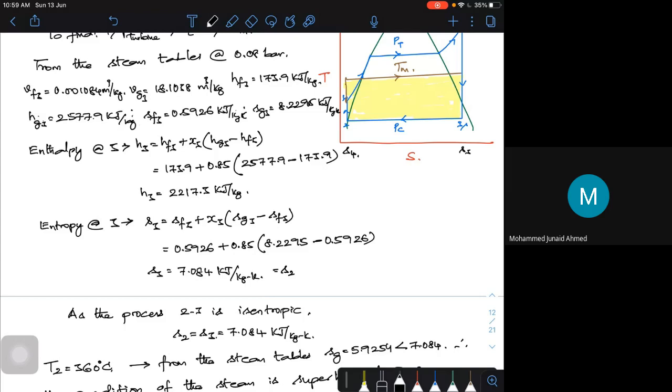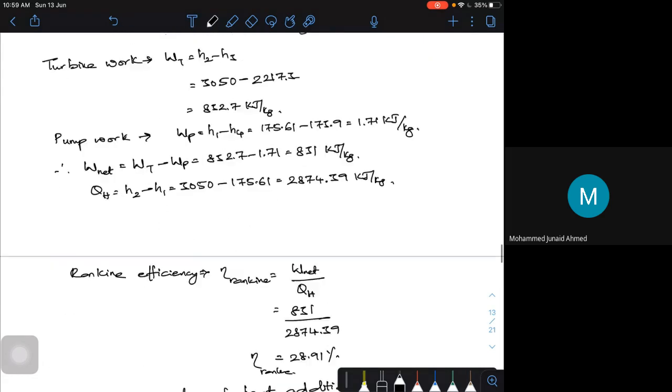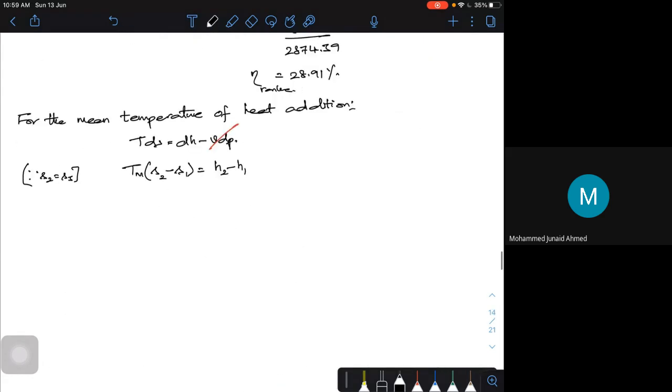So I know the value: Tm into 7.084 minus 0.5926 kilojoules per kg Kelvin is equal to, what is your H2?